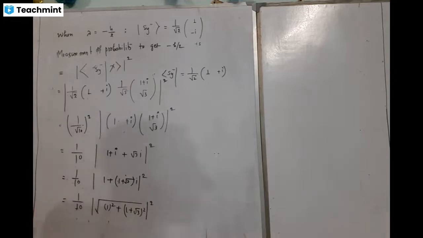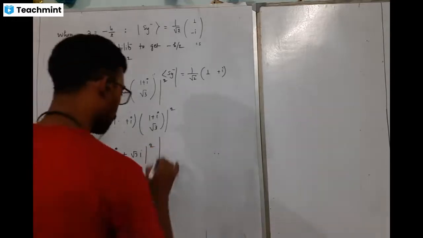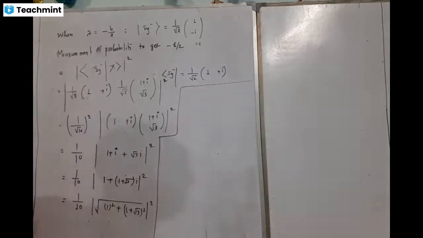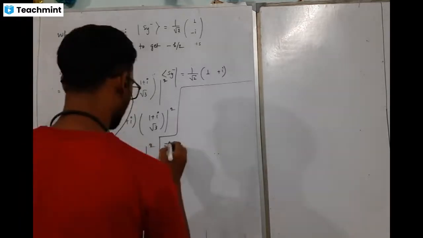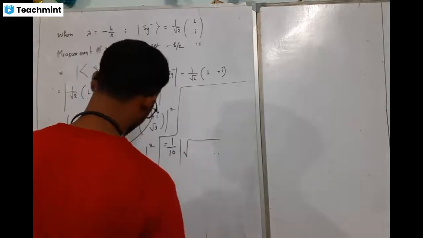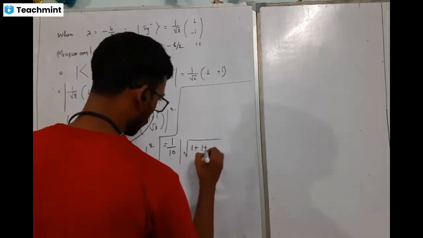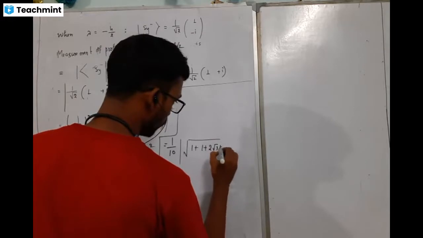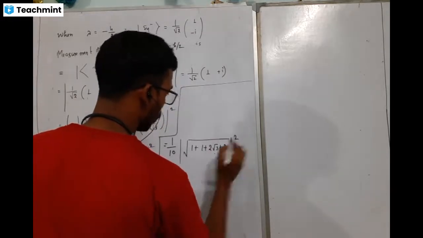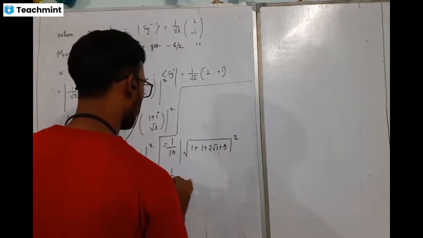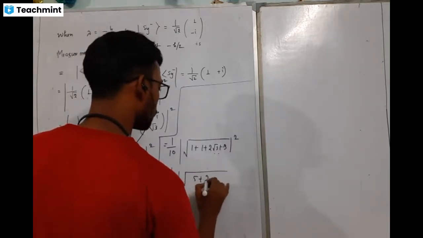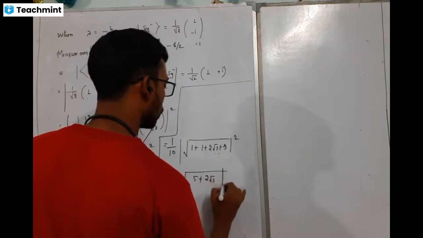This value is 1 upon 10 mod of root under (1 plus 1 plus 2 root 3 plus 3), mod square, which is 1 upon 10 root under (5 plus 2 root 3), mod square.